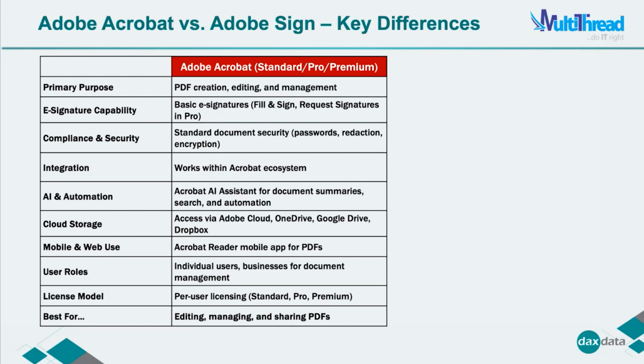There is some AI integration inside there. You've got some cloud storage with OneDrive, Google, and Dropbox and SharePoint. You've got the reader that becomes more than the reader if you have an Acrobat license. You've got user roles, and it's a per user licensing model.